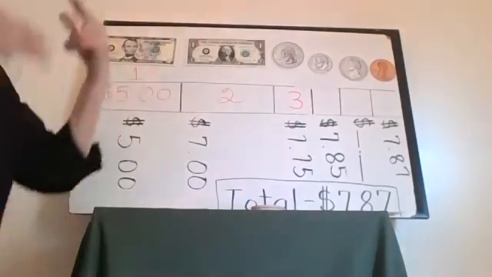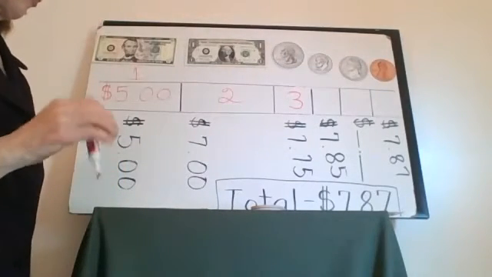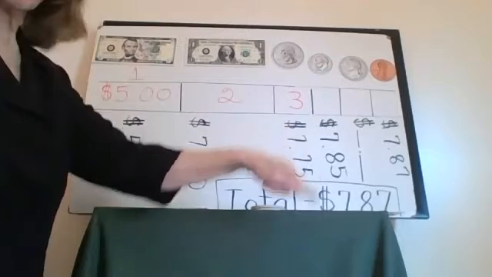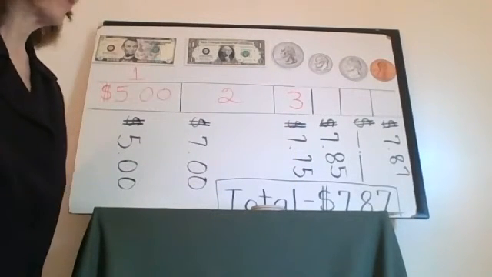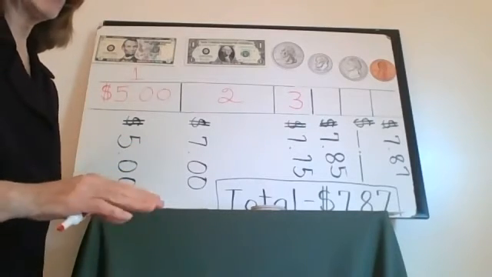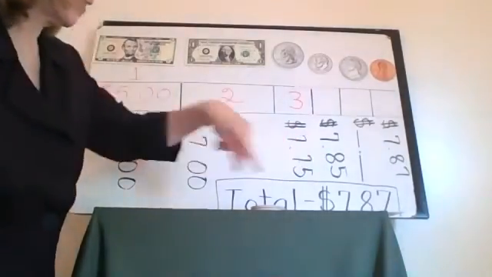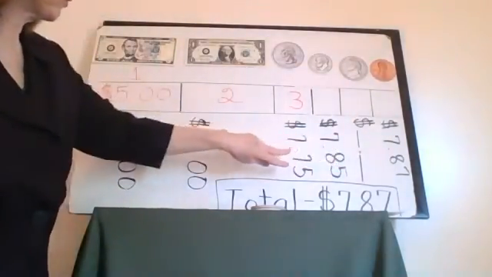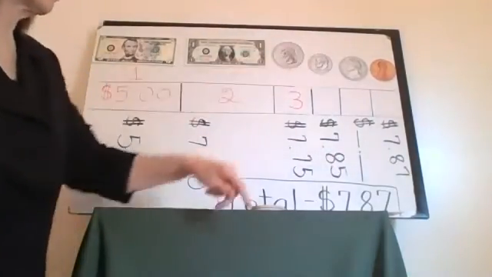Now, we need to get up to 85 by using a dime. If we added 10 to 75, would we get 85? Can you do it in your head? 75, 85, 95. We count by tens using these numbers. And yes, there's 10 cents between the two. Okay, so how many dimes will we need?